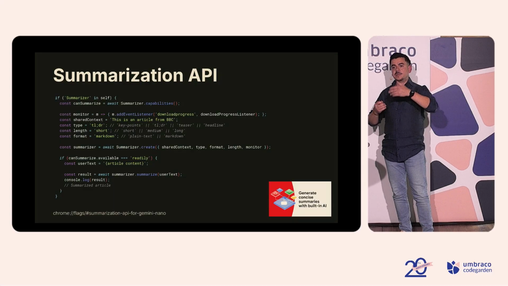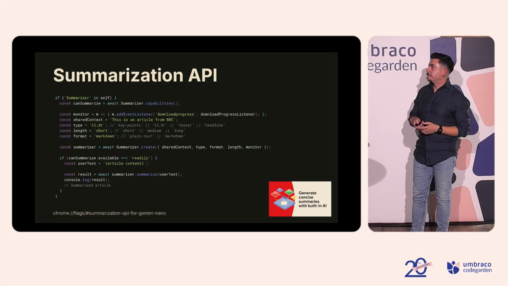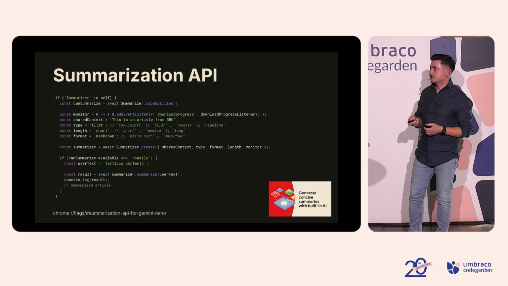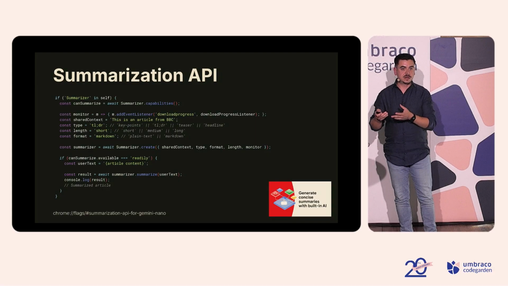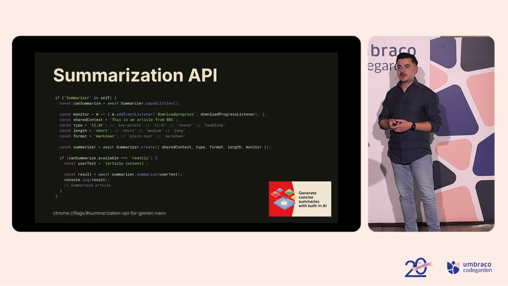So it can create a bullet key point list out of an article. It can also change the length: it can keep it short, medium, or long. And the format can be set to plain text or markdown. So it creates a bullet list using a star, for instance, and then you can format it with a markdown formatter.